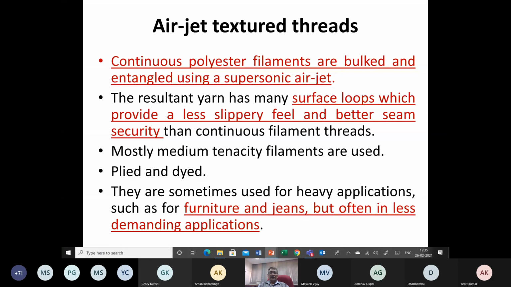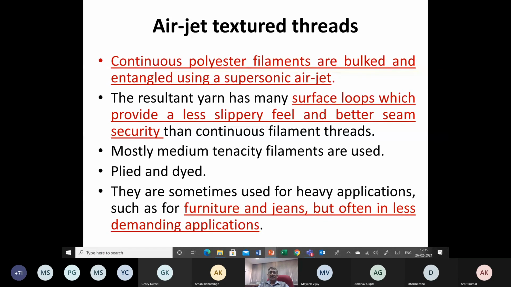When the filament yarn is passing through the jet and comes out of the supersonic air jet, the velocity of the air is above 1 Mach. I think we have worked at around 1.2 to 1.5 Mach. 1 Mach means about 300 meters per second, the speed of sound, and this is more than that. So what happens when it comes out of the air jet?